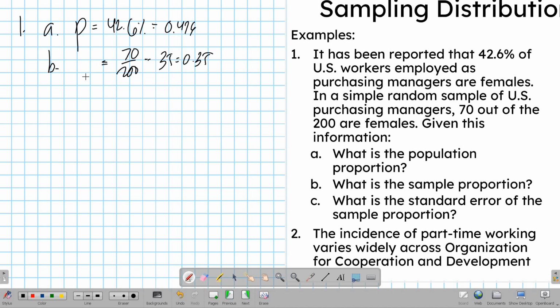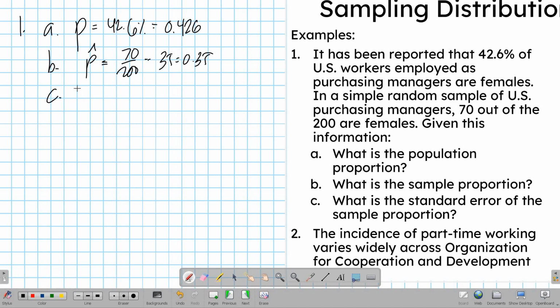This is now our sample proportion, and the population proportion is 0.426. Why did I suddenly write this in decimal? Because sometimes the computations are easier in decimal than in percentage.